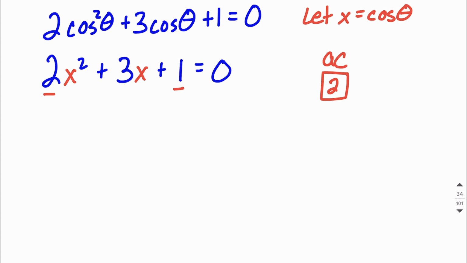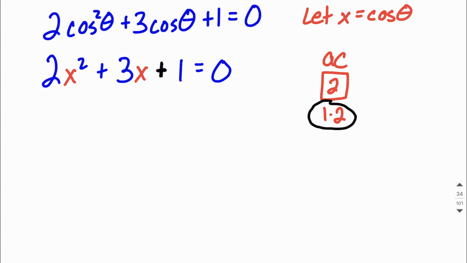Not a very difficult number to be looking at. All the ways to factor 2 are just 1 times 2 because it's prime. And then we want to double check, does that pair add together to make the middle coefficient? Our middle coefficient's 3. Sure enough, 1 plus 2 add together to make 3.